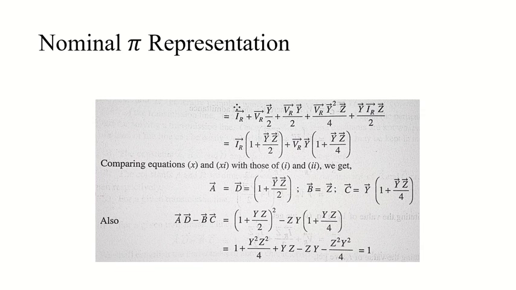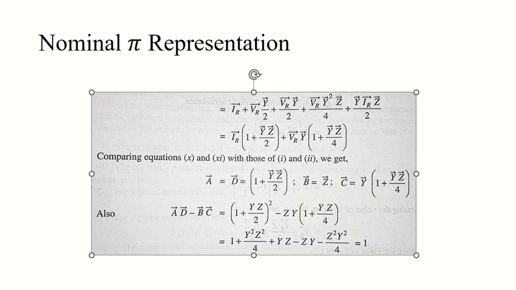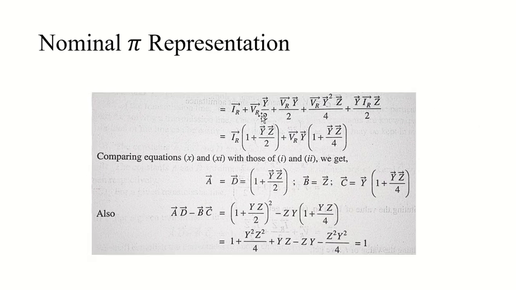By doing that, we simplified it. So we got IR plus VR y by 2 plus VR y by 2, then VR y square into z by 4 plus y into IR z by 2.